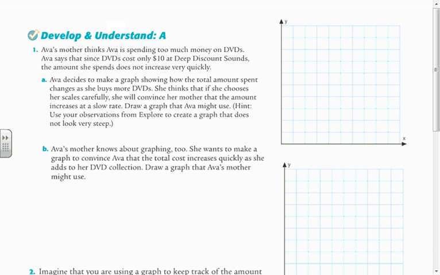Okay? So here's the first problem that I'm going to do with you. It says Ava's mother thinks Ava is spending too much money on DVDs. Ava says that since DVDs cost only $10 at Deep Discount Sounds, the amount she spends does not increase very quickly.